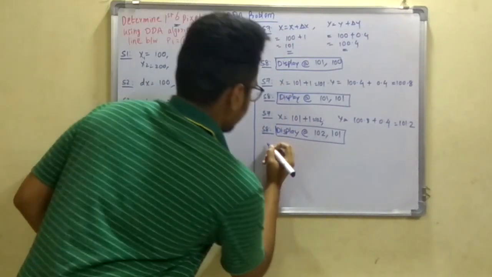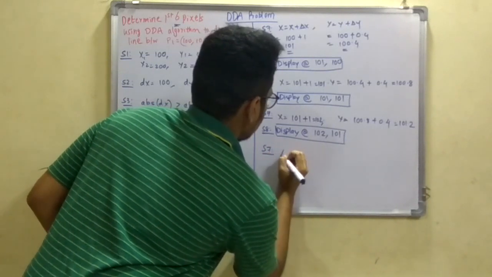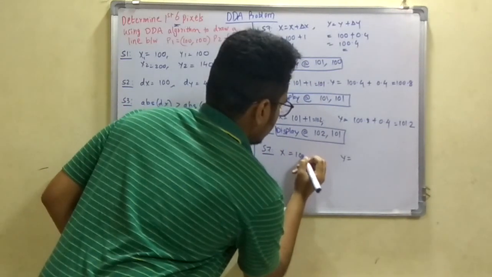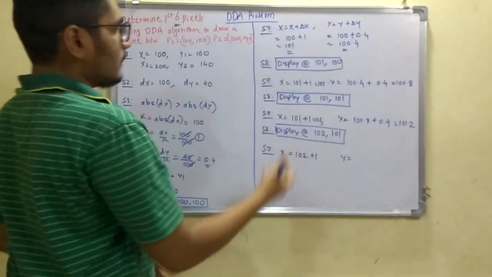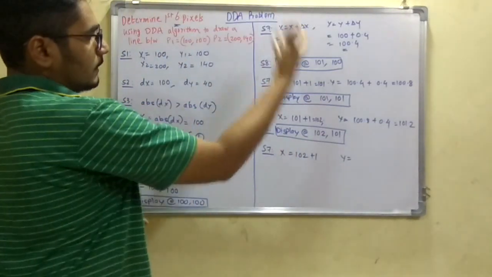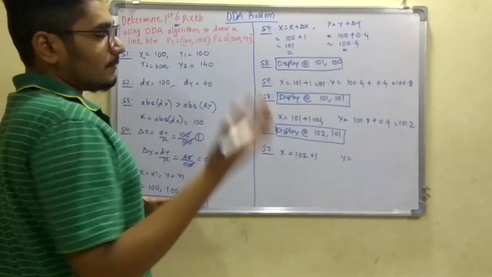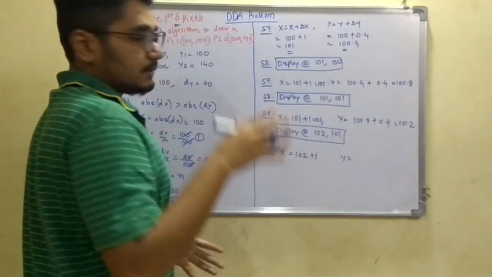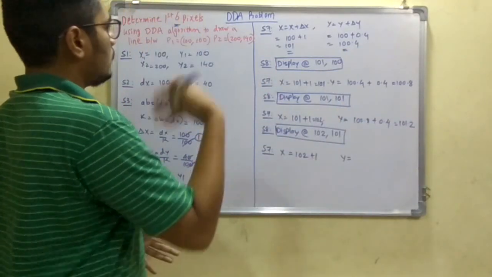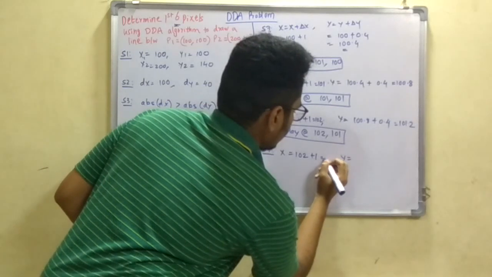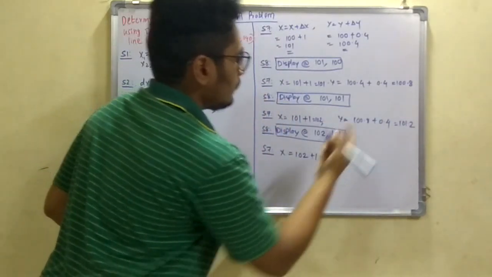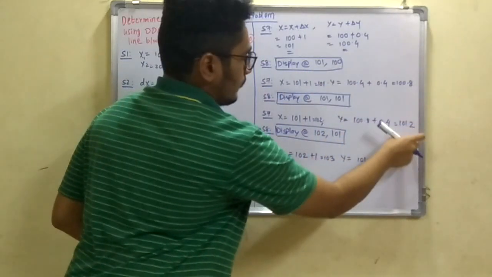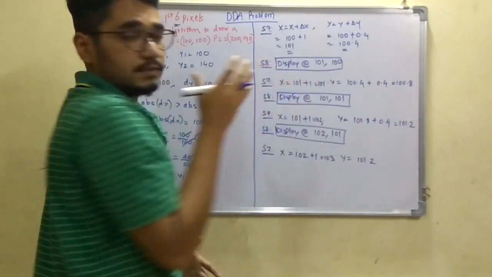We need 2 more. And step 7 is we want new x, we want new y. So x is 102.1. This is like incremental. It was earlier 100, then 101, then 102. Now it will be 103 and 104 and so on, up till 100 pixels since k is equal to 100, but we want till 6 pixels. And so it will be 103, and y will be from this y, that is 101.2. I am taking this y, not this y, because this is the rounded off value.